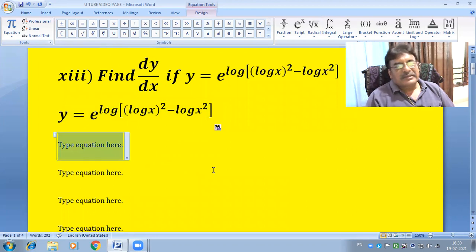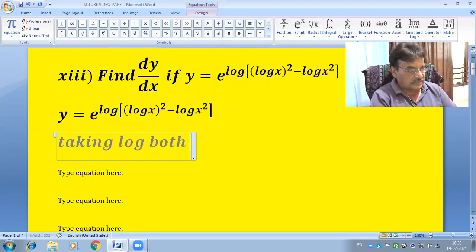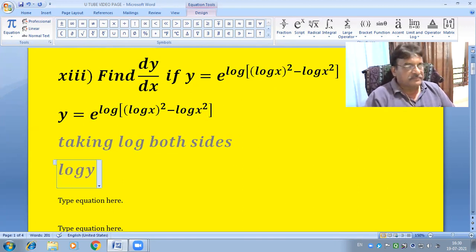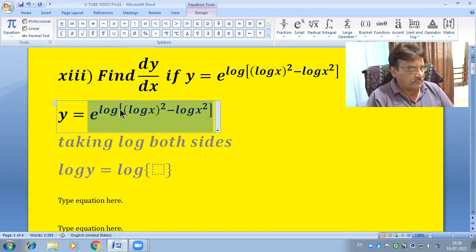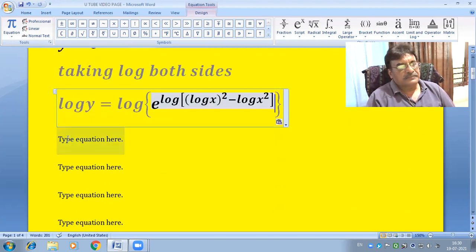For simplification, taking log both sides. Therefore, log y is equal to log of the right hand side function, and here the right hand side function is e to the power log of (log x)² minus log x².